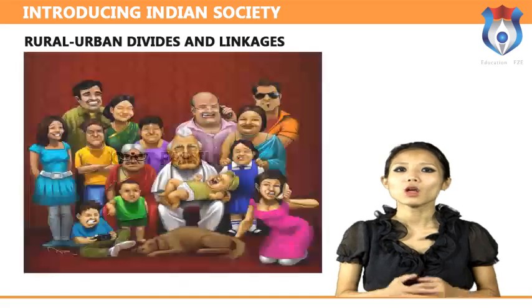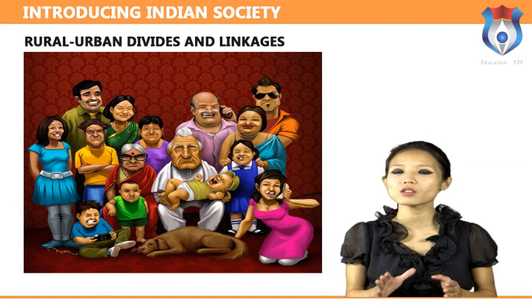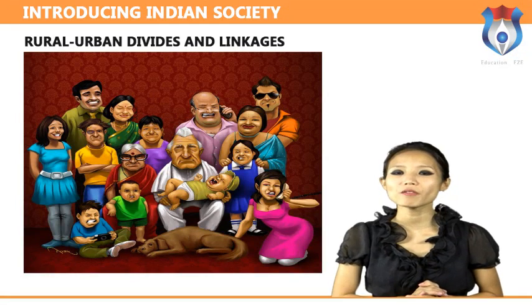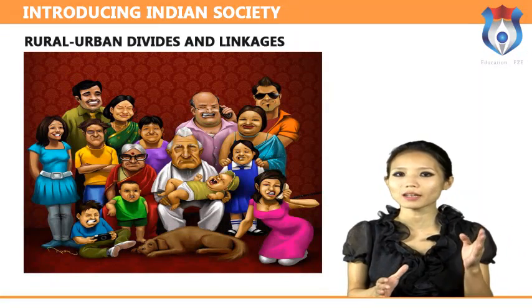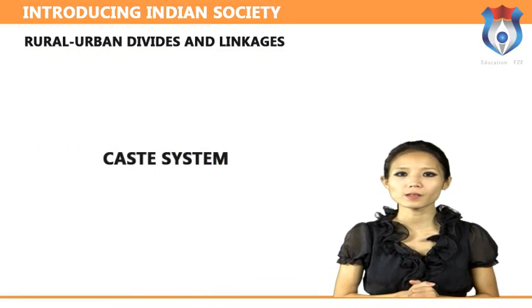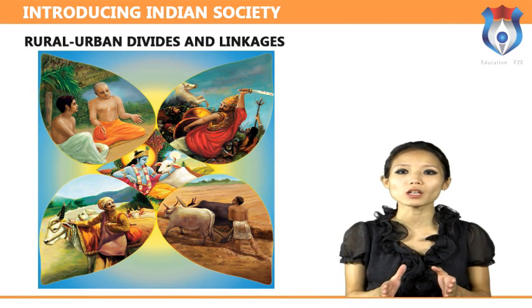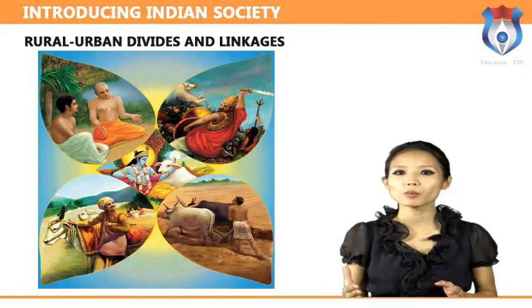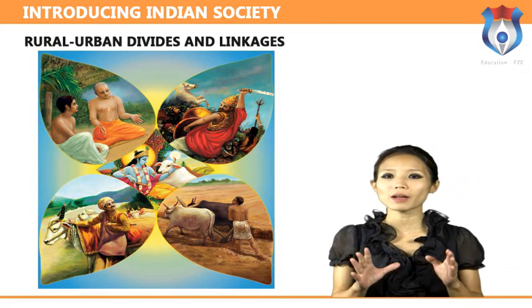Joint family. One of the most remarkable features of village life in India is the existence of joint families. Although joint families are also found in urban areas, their importance as a social and cultural institution is greater in village communities. Caste system. It has always been the foundation of Indian village community. Social interaction, ritual performance, occupation and other things are affected to a large extent by caste norms.